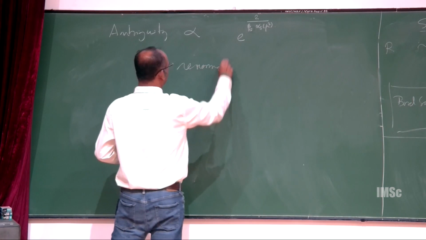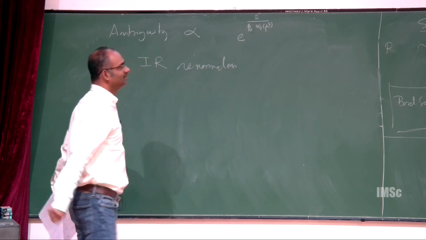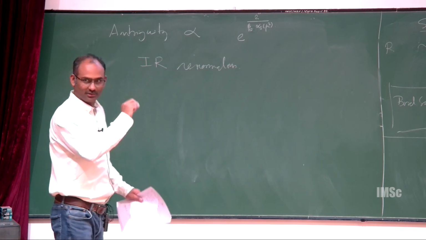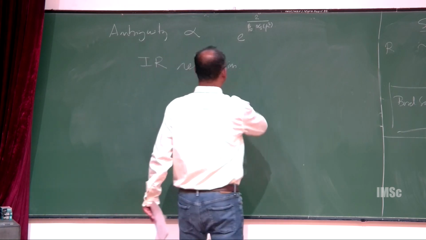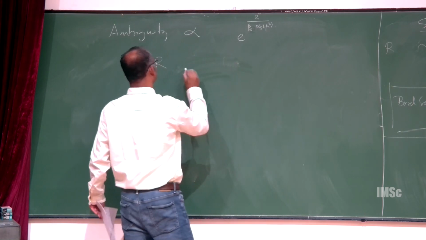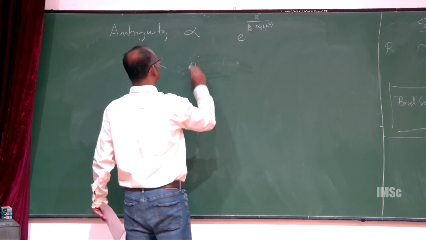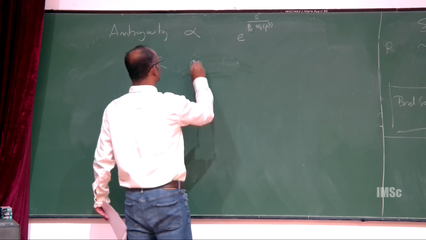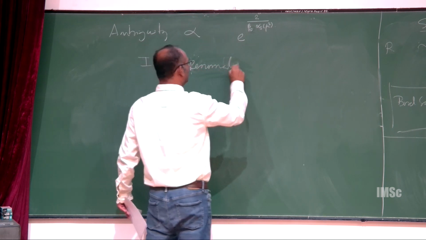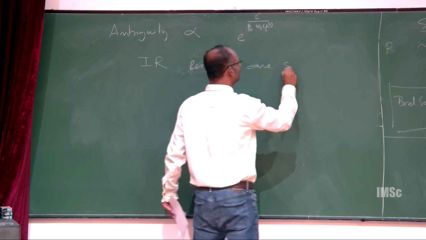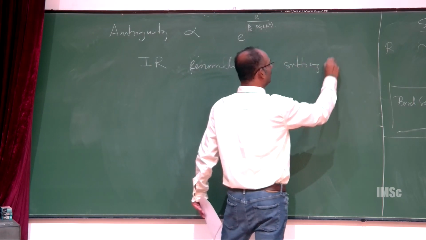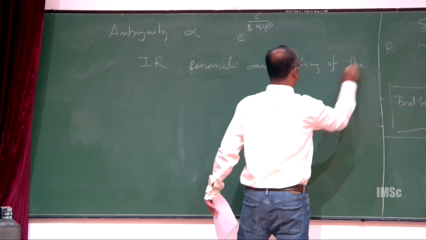I am using renormalons for both that n factorial thing and the poles also. So IR renormalons, or let us say poles, let us call them renormalons, are sitting on the contour.